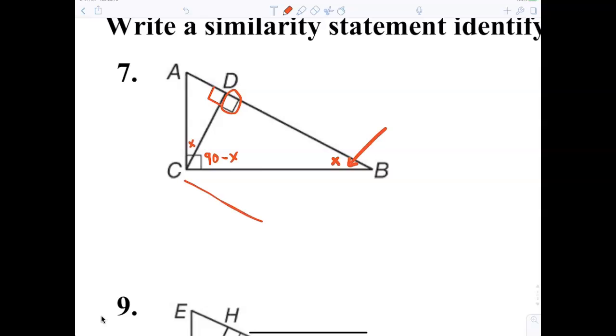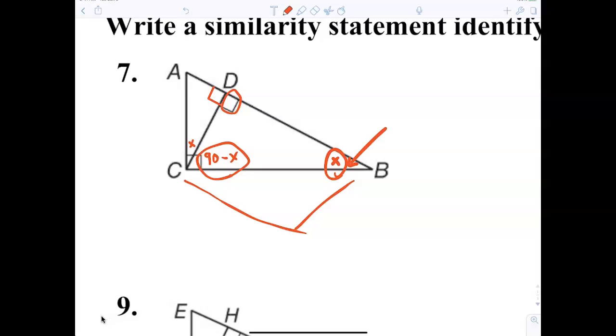So these 2 angles have to add up to 90. Is everybody okay with that? So if they have to add up to 90, and this is 90 minus x, this has to be x. Because if I add those things together, I now have 90. Everybody see that?